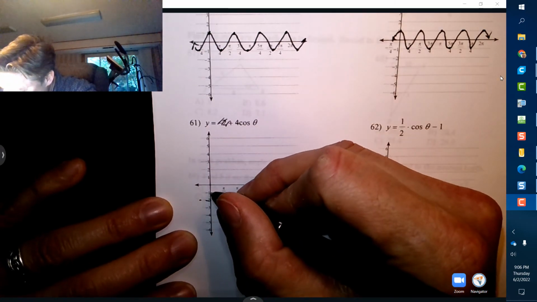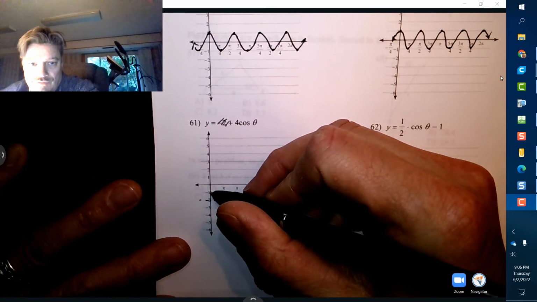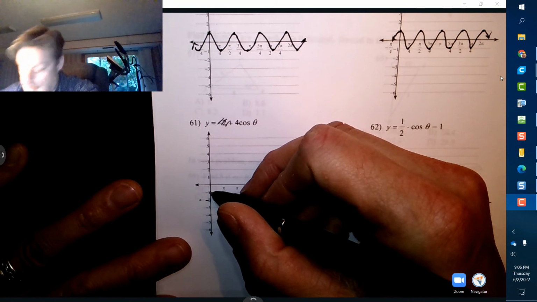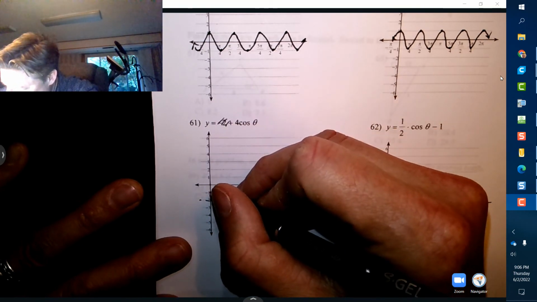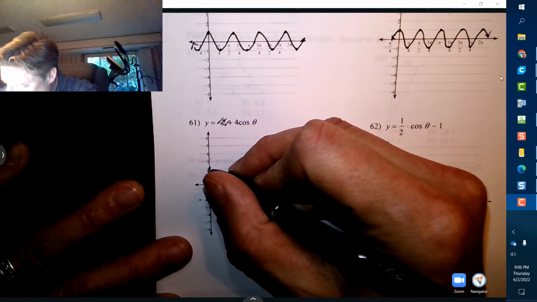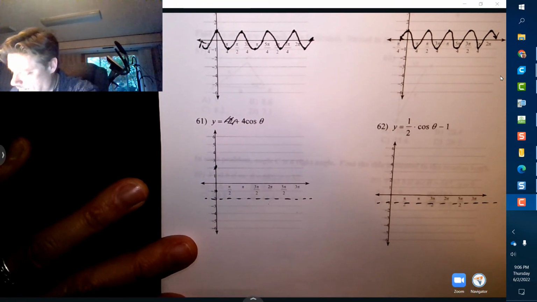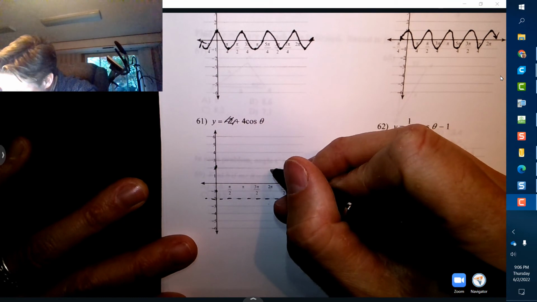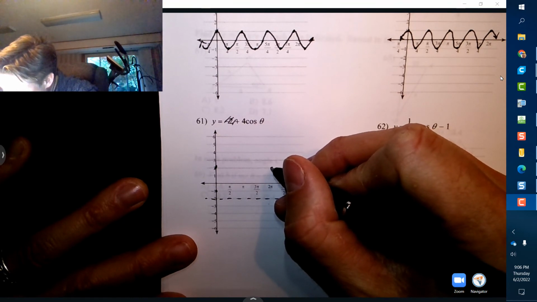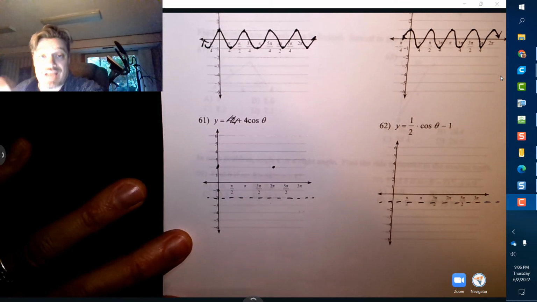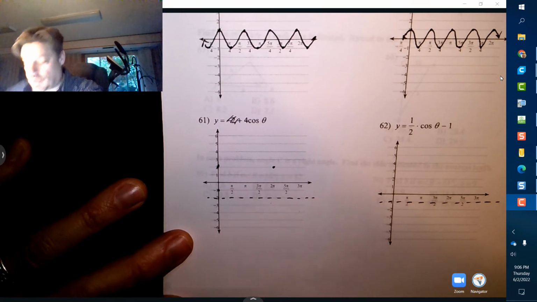Instead of starting our pattern at +1, which is normally what cosine does, I'm going to go up 4. 1, 2, 3, 4. No, I'm not at +4. I'm actually at 2 because the whole thing shifted down. And cosine goes to 2 pi as its natural period.